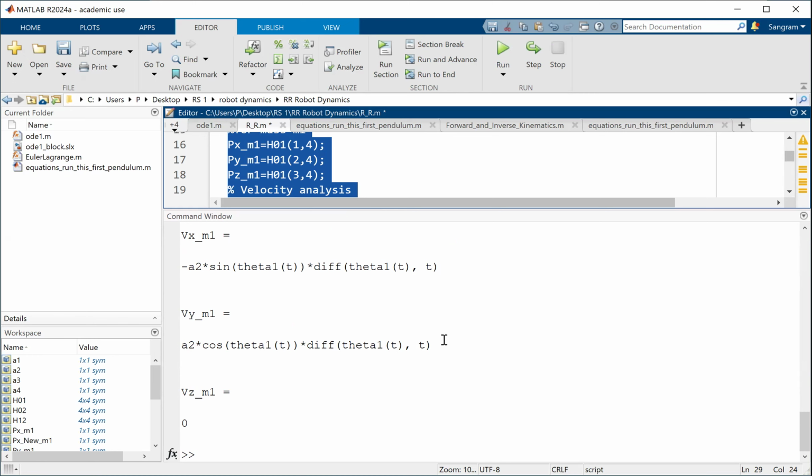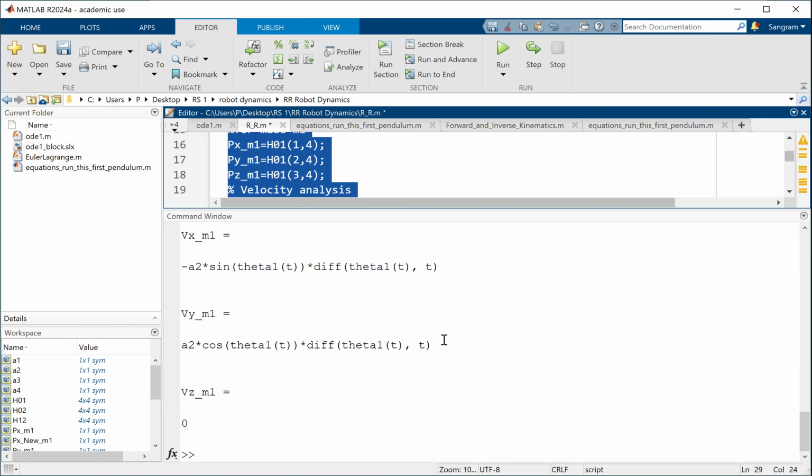The only difference here, and this is extremely important, is MATLAB is saying minus A2 sine theta 1 in the parenthesis t multiplied by this theta 1 t comma t, that is nothing but theta 1 dot. Everyone understood this? That is how MATLAB would give you the answer for velocity.